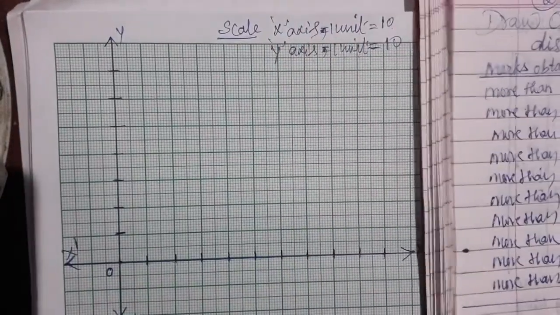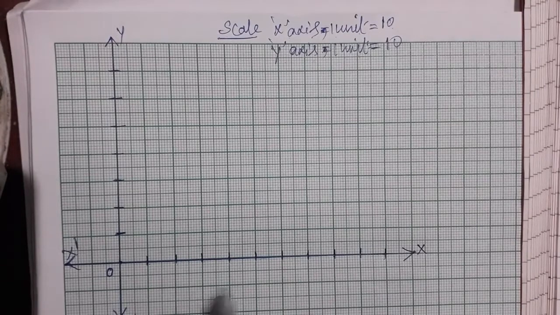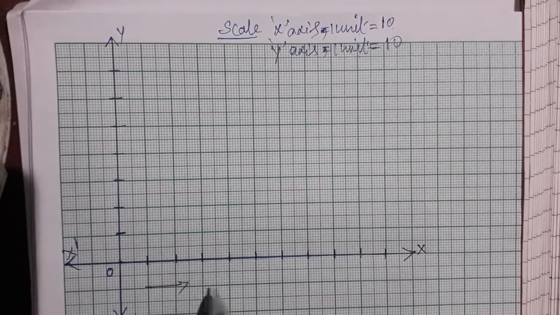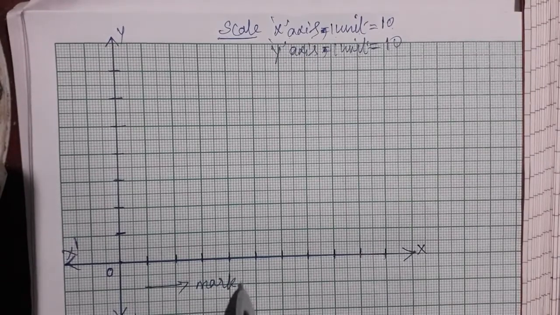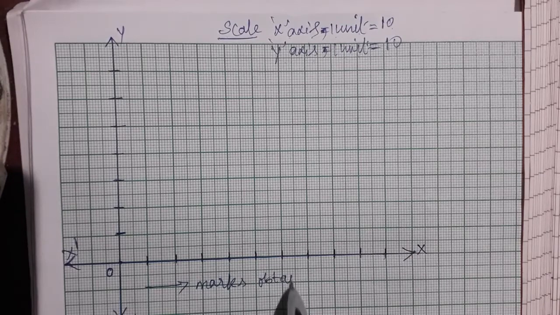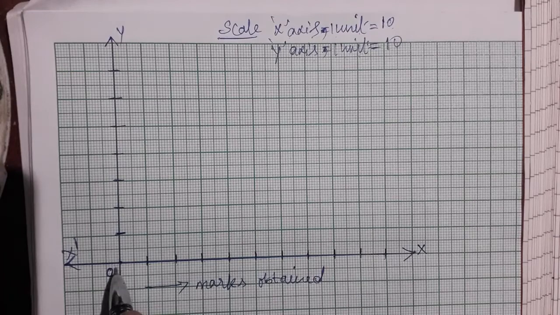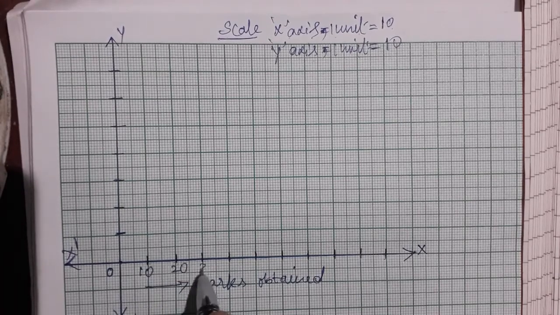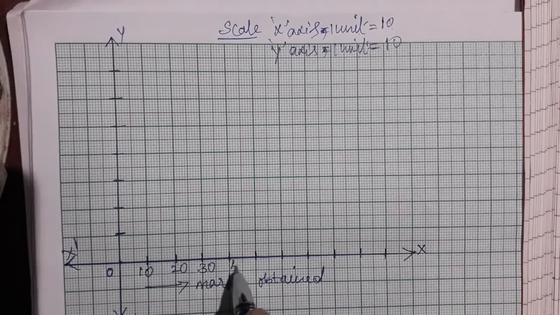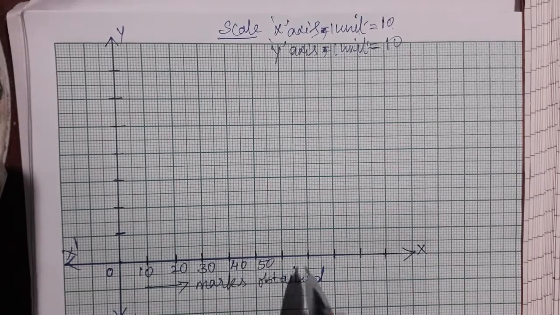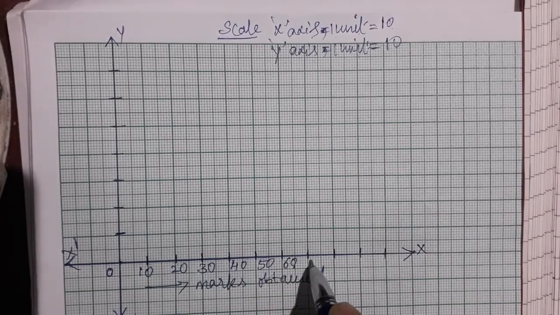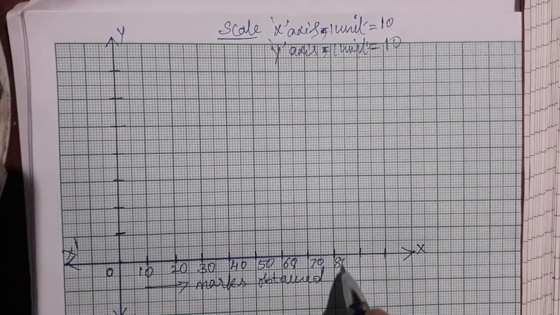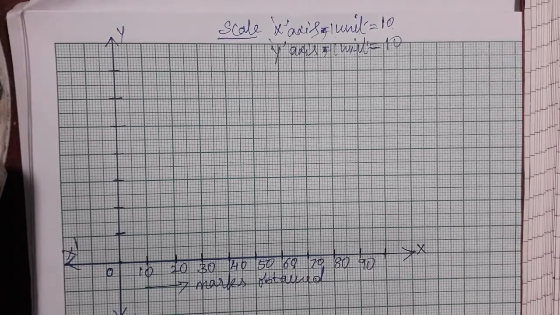Now x-axis is marks obtained. It starts from 0. Then first box is 10, 20, 30, 40, 50, 60, 70, 80, 90.